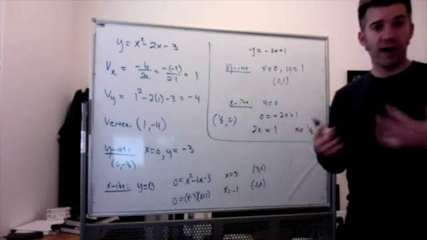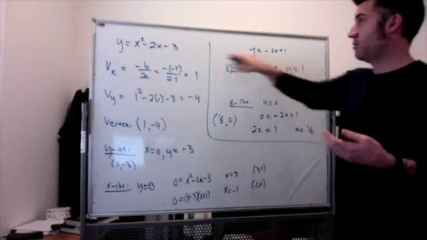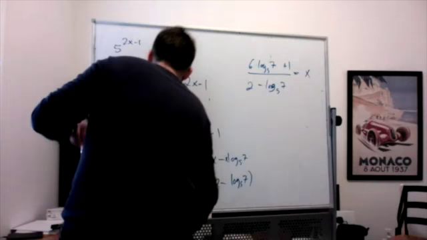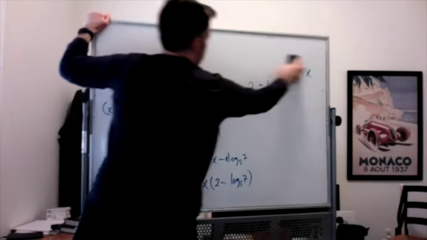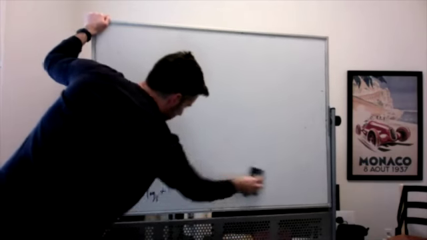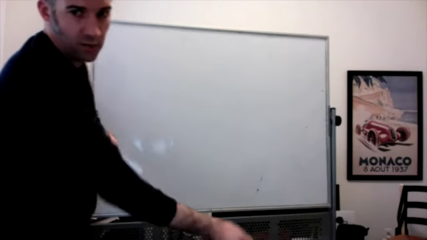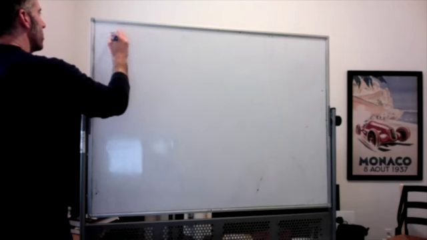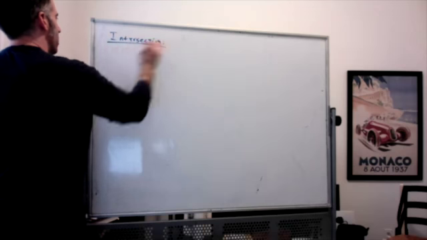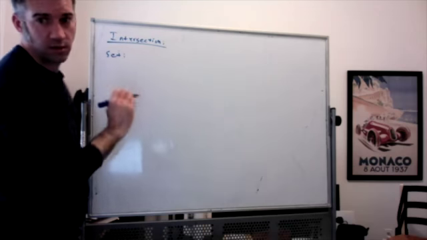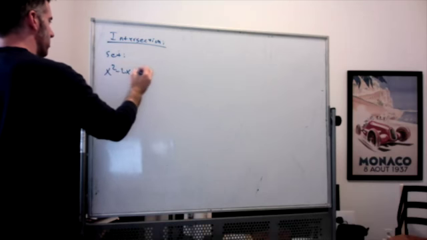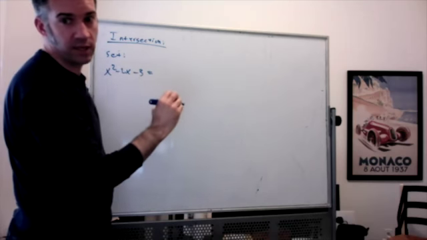To find where two graphs intersect, we set them equal to each other. So we're going to set x squared minus 2x minus 3 equal to negative 2x plus 1.